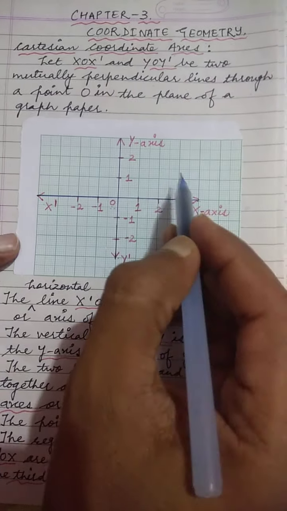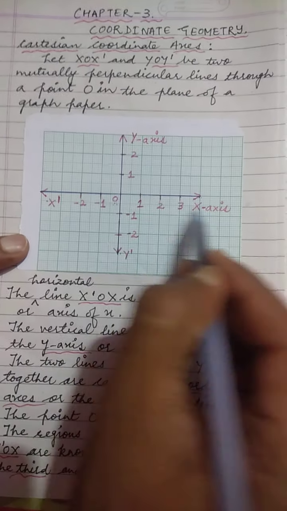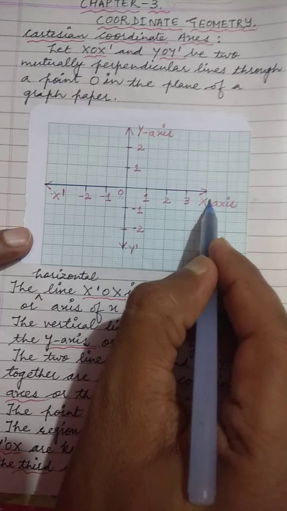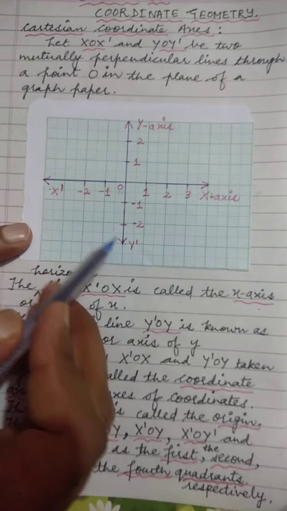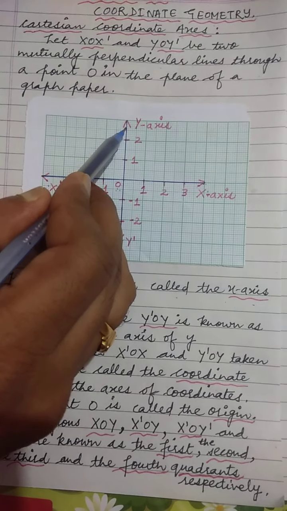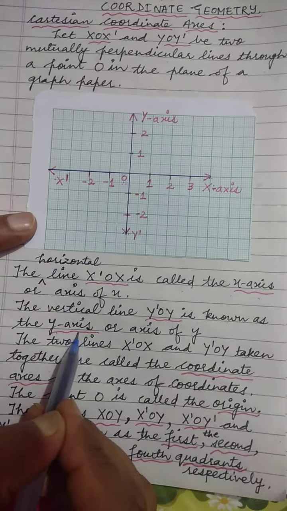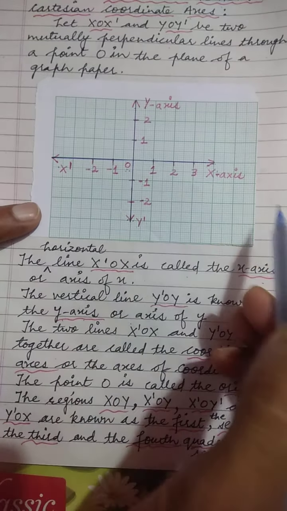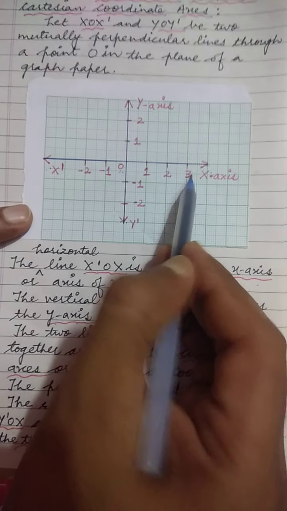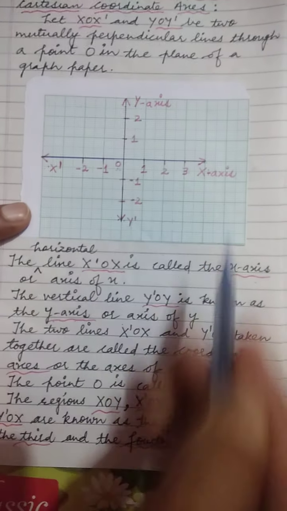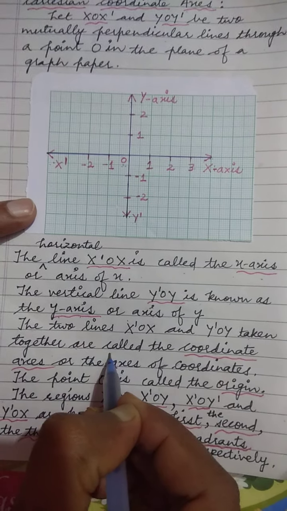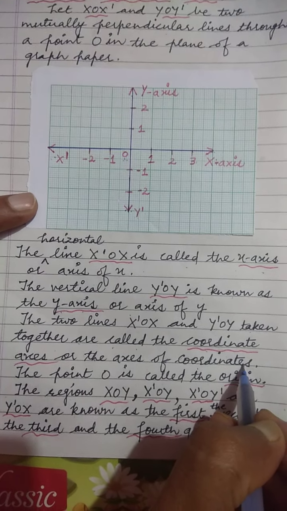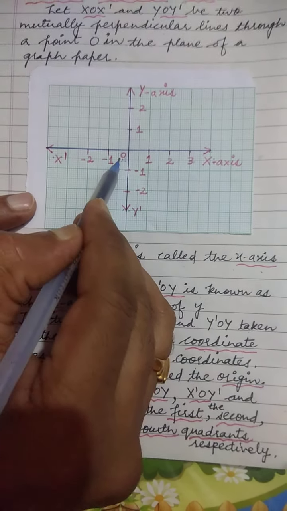Now this horizontal line X'OX is called the x-axis or the axis of x, and this vertical line Y'OY is known as the y-axis or axis of y. The two lines X'OX and Y'OY taken together are called the coordinate axes or the axes of coordinates, and this point O is called the origin.